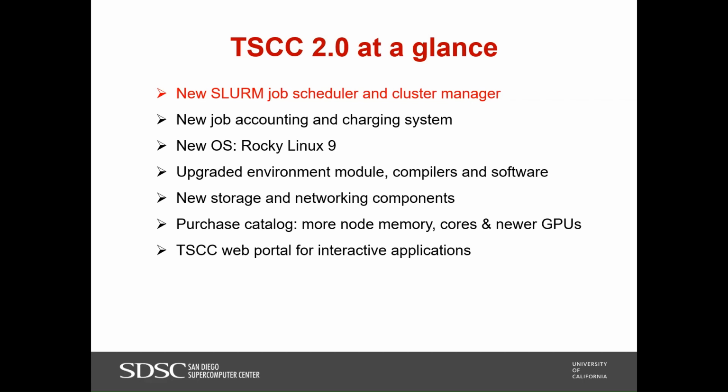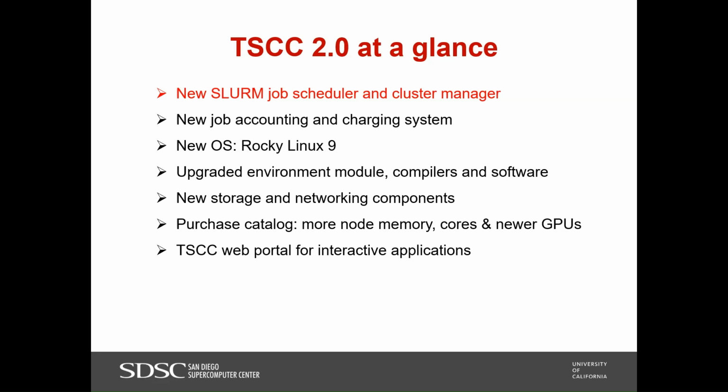And also we will have a new job accounting and charging system, and it's still under discussion, but I will mention some features we are going to have for the new accounting system. And currently we are under TSCC 1. We have CentOS 7 as our operating system, and our next new operating system will be Rocky Linux 9.